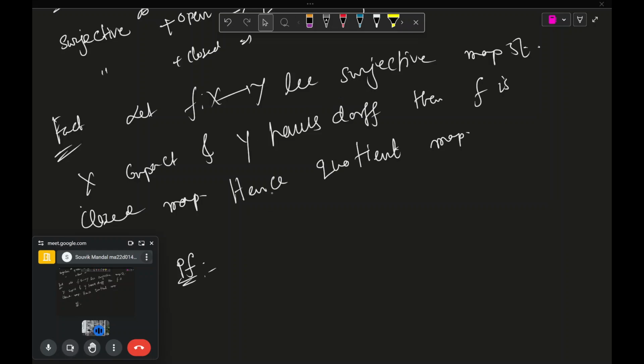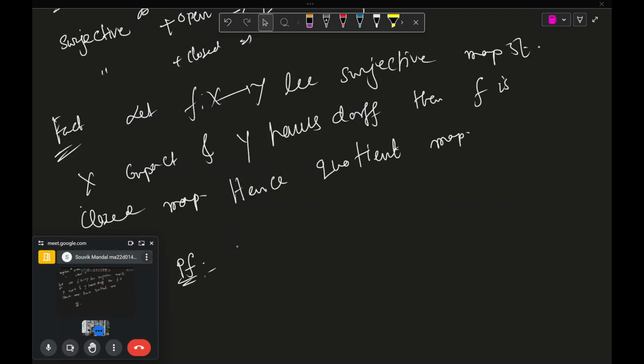So how to prove this? So the proof is the following.